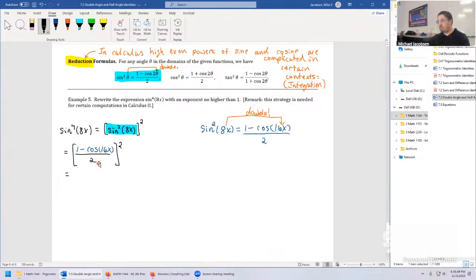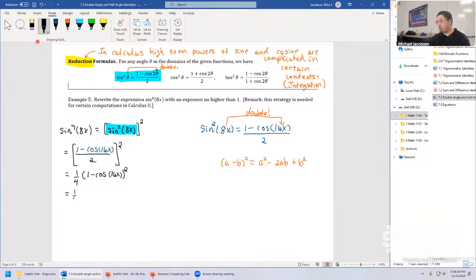We can square numerator and denominator independent of each other. So we have 1/4 squaring the denominator, square the numerator, 1 minus cosine 16x. And we're really just using this squaring formula. A minus b squared is a squared minus 2ab plus b squared. And don't let me forget the power 2 there. So let's FOIL this out just through this identity or this idea here.